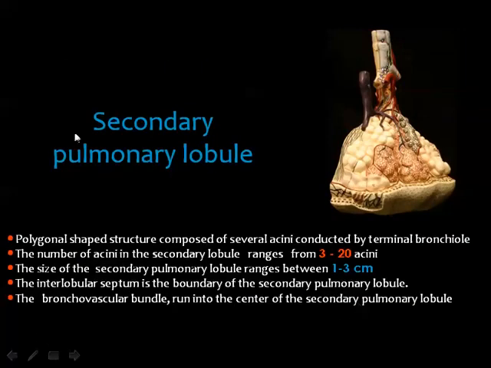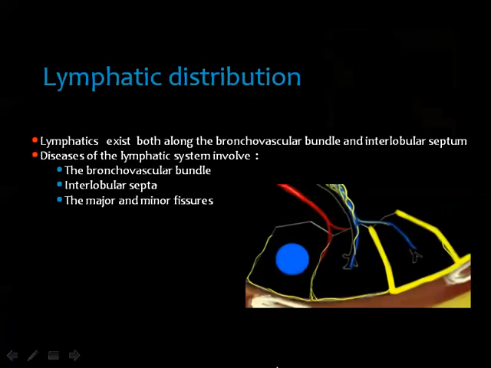And the secondary pulmonary lobule is a polygonal shape composed of respiratory acini connected to the terminal bronchioles. The number of the acini, and this is not important for you, may range according to the size of the lobule itself.